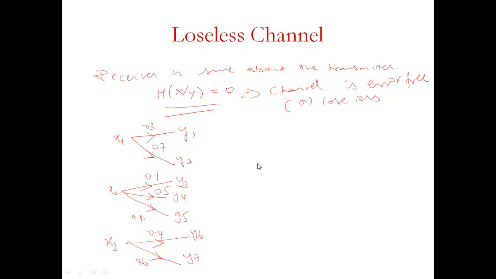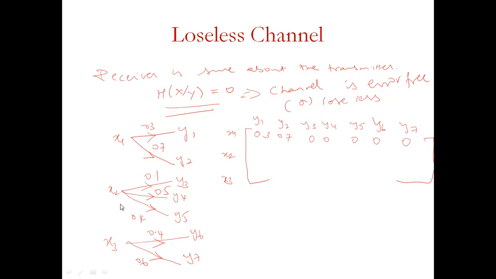The channel representation has 3 inputs, x1, x2, x3, and 7 outputs, y1 to y7. Here x1 gives to y1 or y2 with a probability of 0.3 or 0.7, whereas x1 is not transmitting to anything else, so the rest will give you only 0.